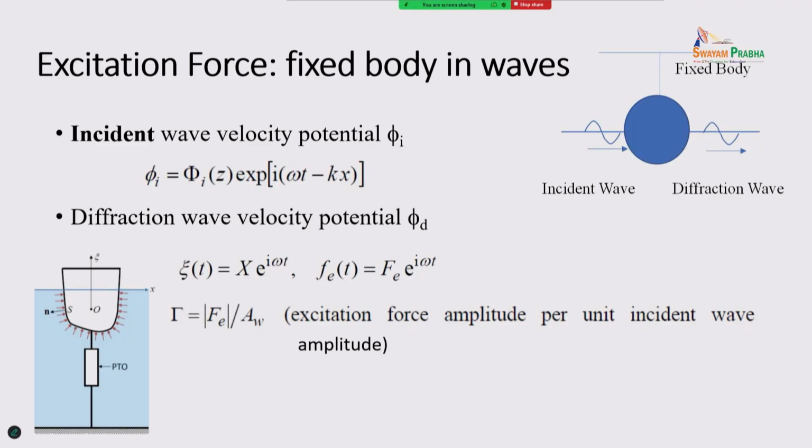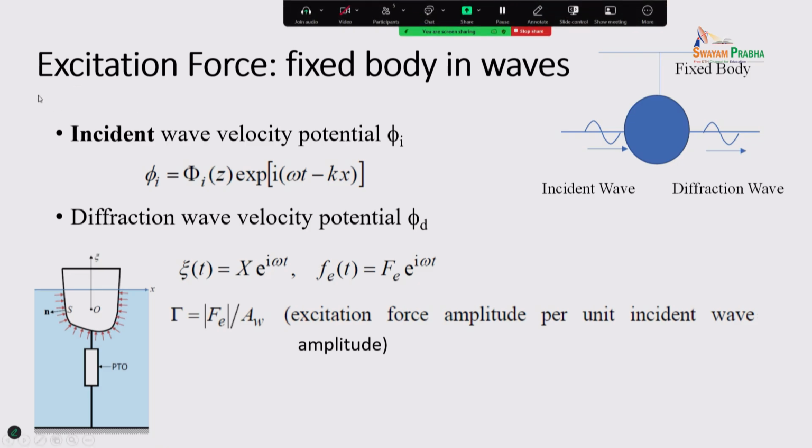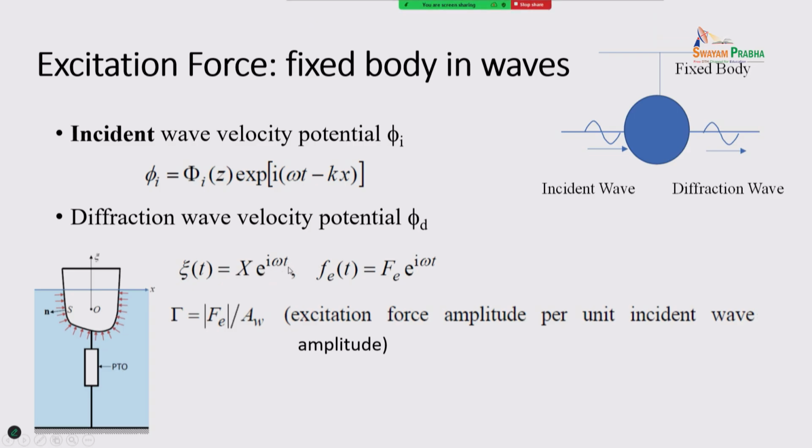Let us say the wave amplitude is x e^{iωt}, with a cosine plus i sine term, real part and imaginary part. Then the excitation force is proportional to the wave amplitude. We normalize that, so we can say this is the excitation force amplitude normalized by the wave amplitude.